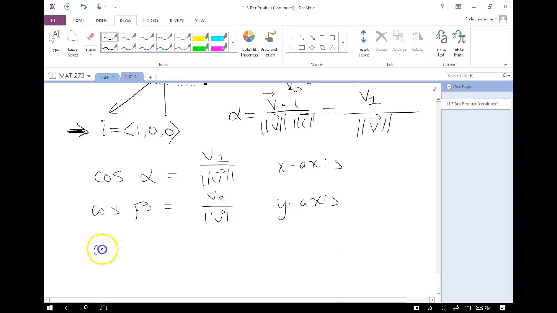And then cosine of gamma, kind of looks like a y, is v3 over magnitude v. And that's our angle with the z-axis. And all those are the components from our unit vector.